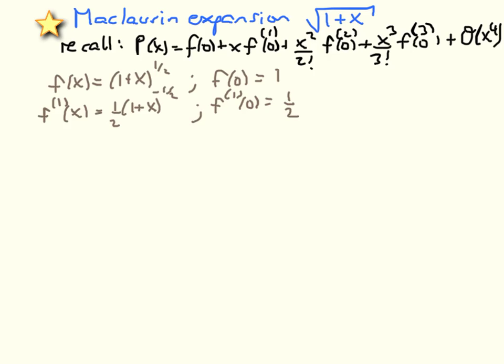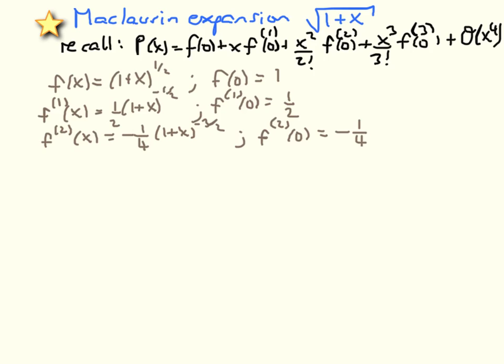So our second derivative as a function of x is going to be a half times minus a half, so this is minus 1 over 4 times 1 plus x to the minus 3 halves. So our second derivative evaluated at 0 is minus 1 quarter. 1 plus x when x is 0 is just 1, and that's just going to give us a factor of 1.